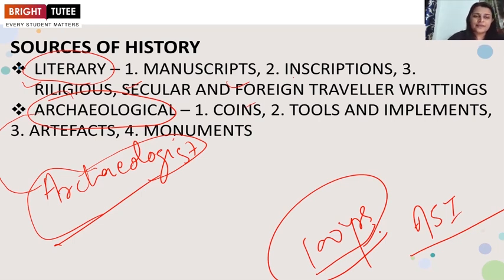Then we have monuments. Now, what are these monuments? Monuments are the buildings which have covered 100 years, as I have already mentioned; those are all considered monuments. The structures include mostly temples. We have mosques, palaces, churches, forts, tombs, stupas, a number of things.